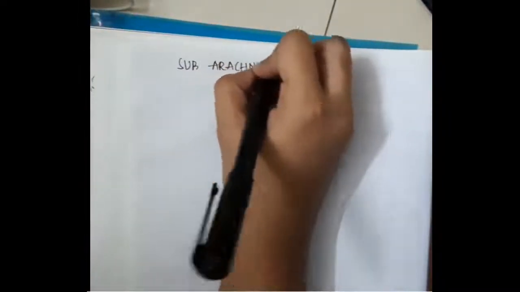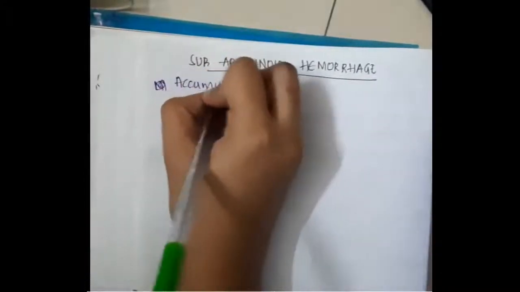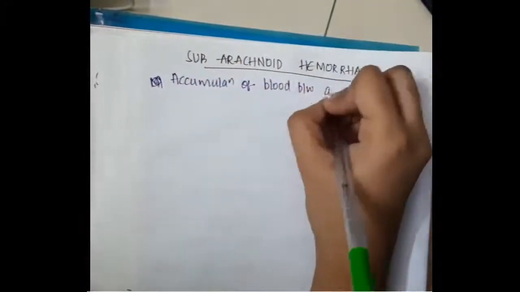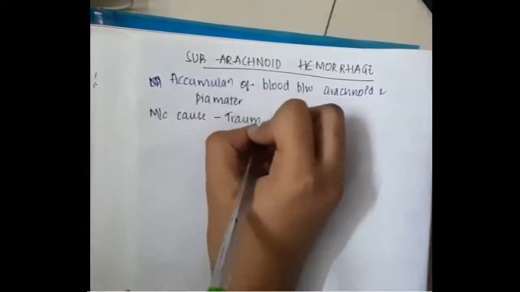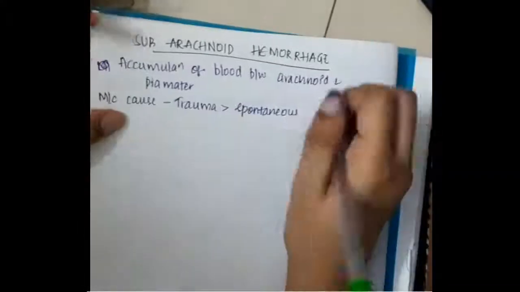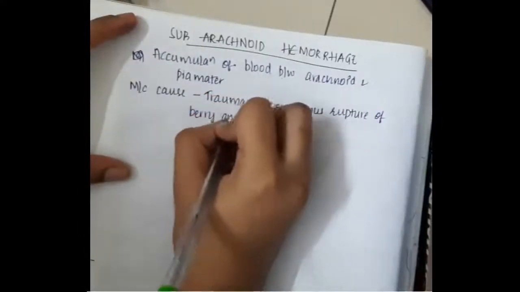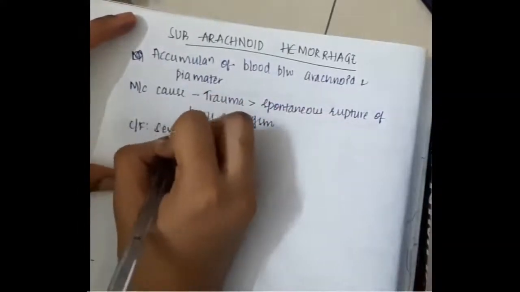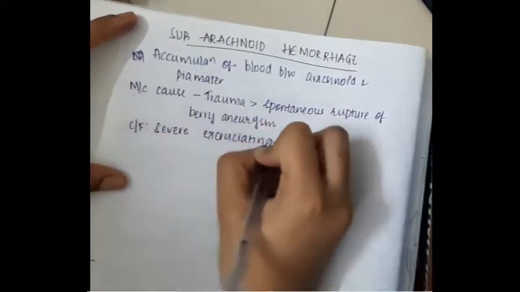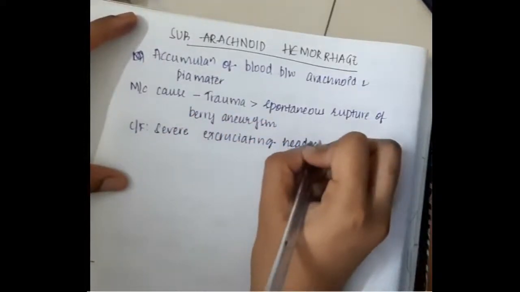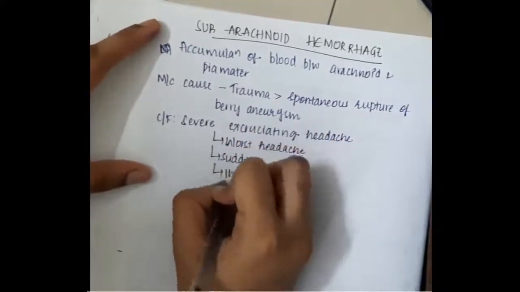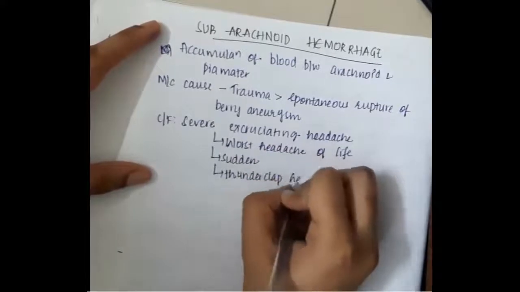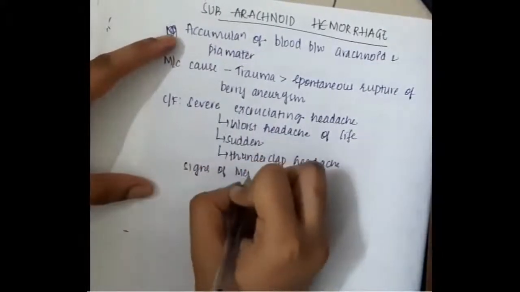Then the next important injury of the brain is subarachnoid hemorrhage. In subarachnoid hemorrhage, there is accumulation of blood between the arachnoid and pia mater. The most common cause includes trauma, followed by spontaneous rupture of a berry aneurysm. Here the patient suffers from excruciating headache, which he describes as the worst headache of his life, which occurs suddenly, a thunderclap headache.